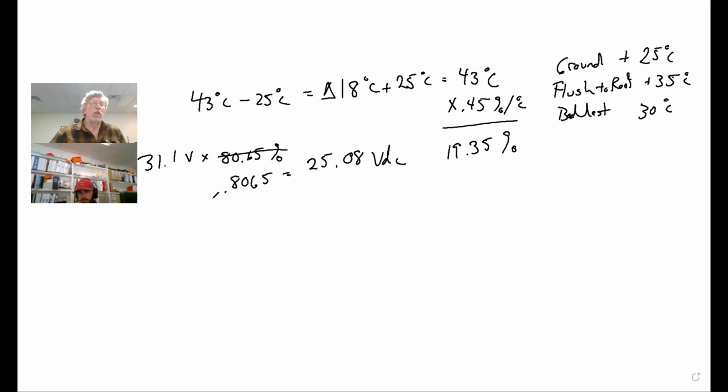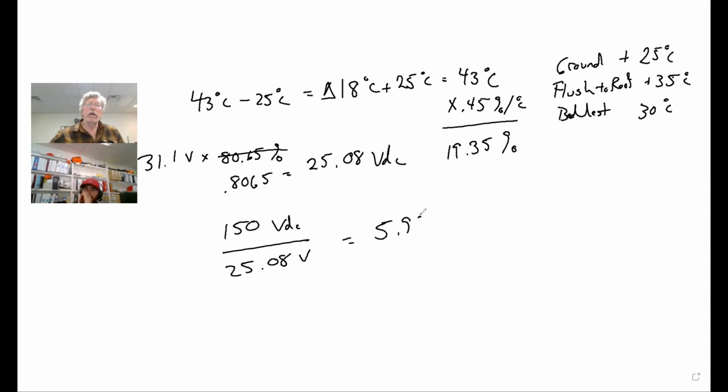So what do I need to know? Well, I need to know what is the minimum amount of power that the inverter needs to turn on. And going by memory, it seems to me it was 150 volts. I might have to check that. But that was the minimum for the inverter. We're at 25.08 volts. And so I divide 150 by 25.08, and I end up at 5.98.